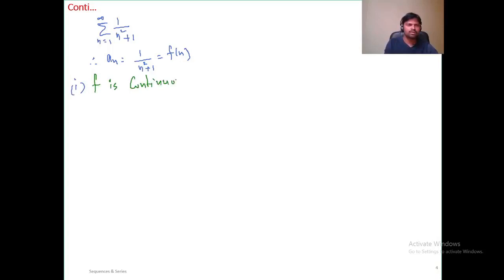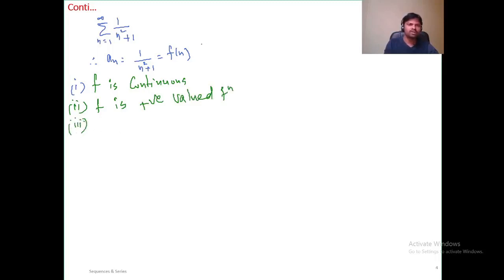Second, what I want is for it to be positive valued. Yes, each and every term is positive, so f is a positive valued function. Third condition: it should be decreasing. Is it decreasing? Let's verify.